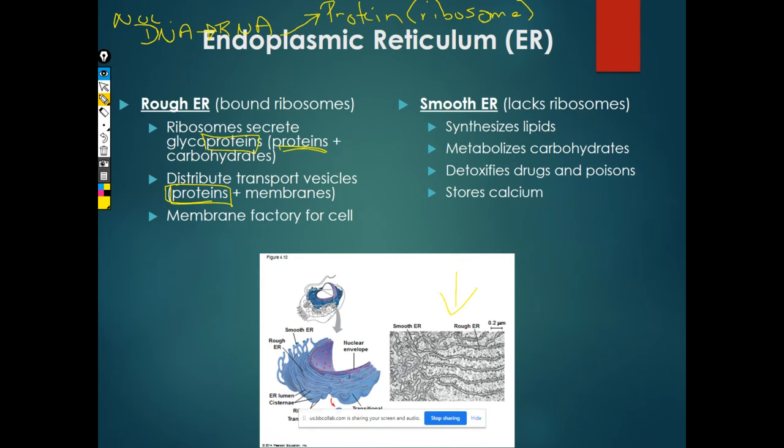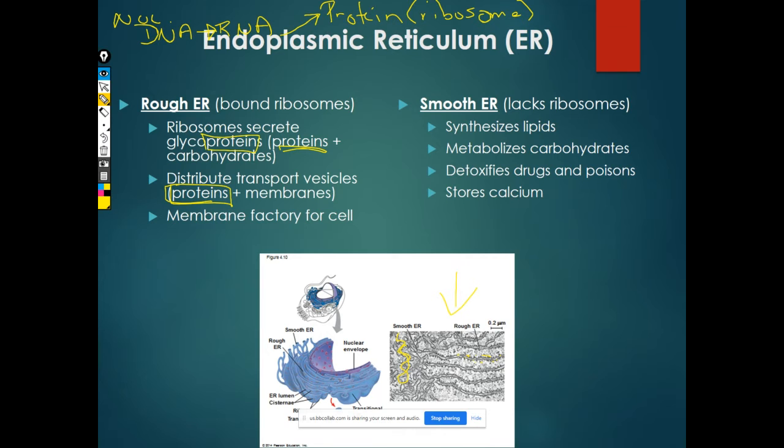We can see on the rough ER, on the right side of the photo, all of the little ribosomes, the little dots, and all these little dots make our rough ER look bumpy. Whereas on the left-hand side of the photo, we have the smooth ER. You can see the membrane on both sides, so it's a membrane-bound organelle.